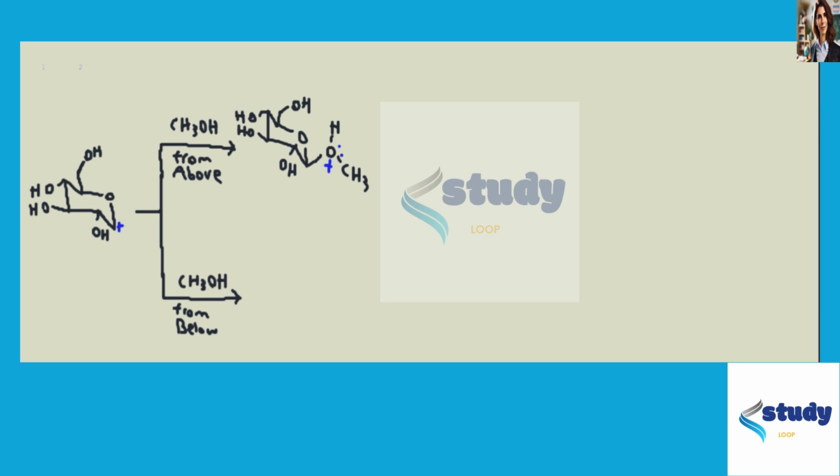And the next step, the final step, is going to be that the chloride ion that we formed in the first step is going to come along and deprotonate. And so now we formed one of our product acetals.